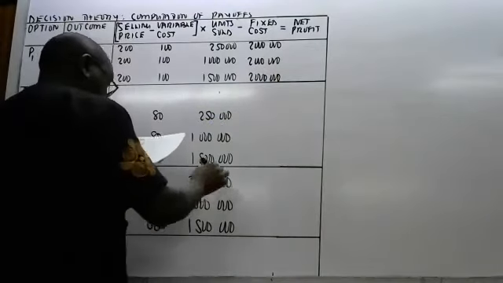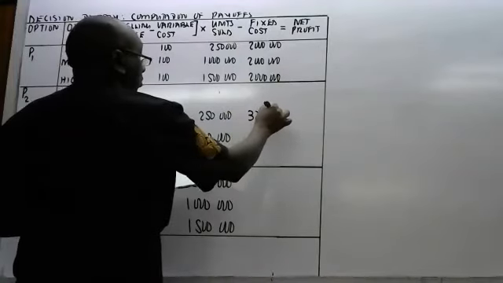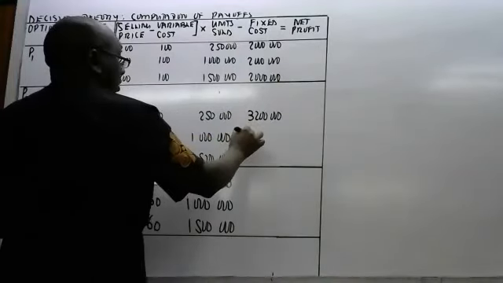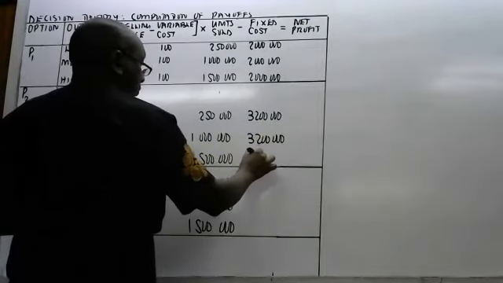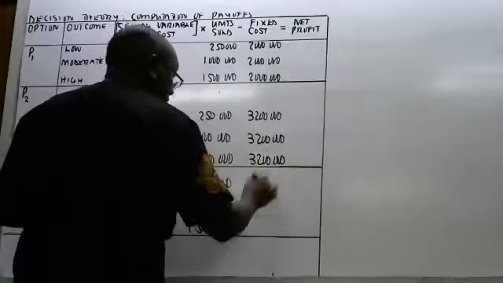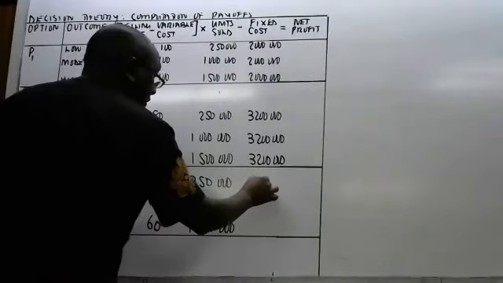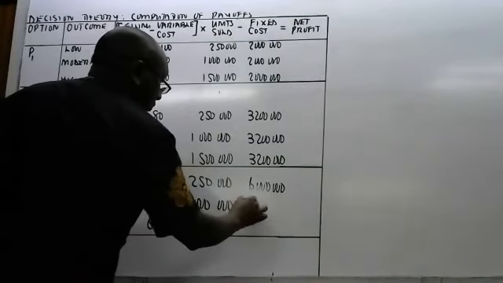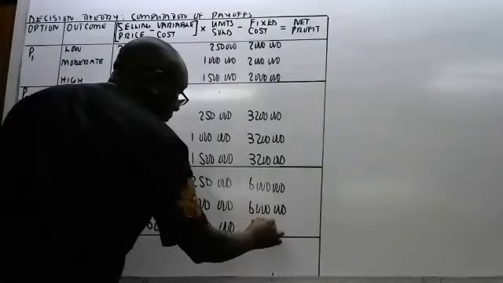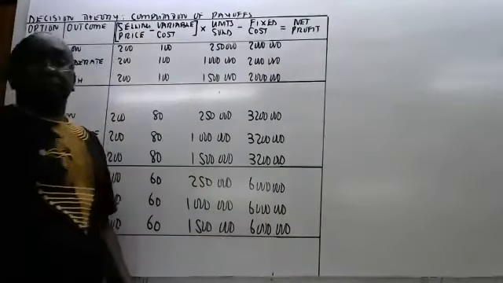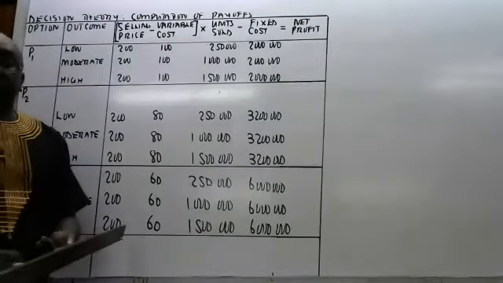Then for 2, I have 3,200,000. For 3, we have 6 million.